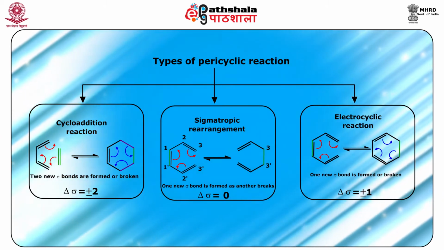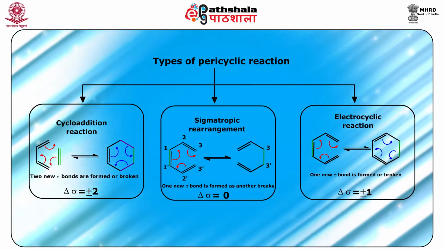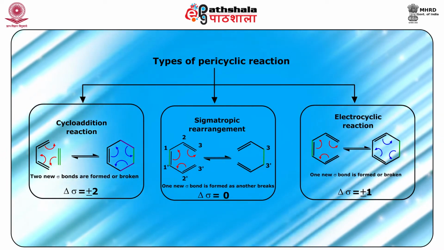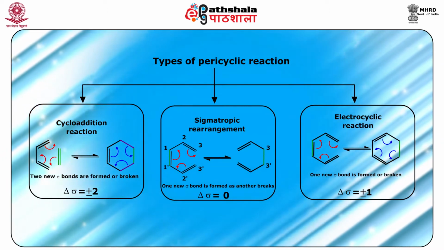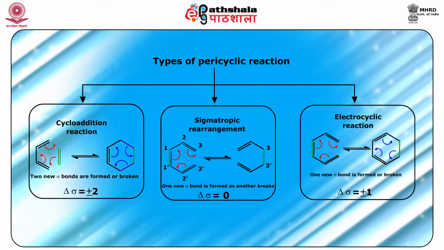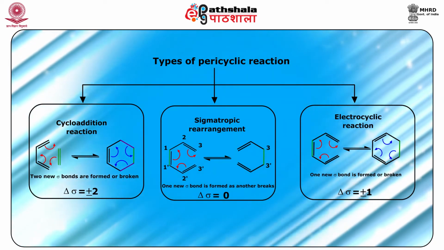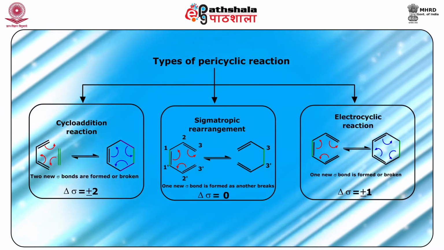Next let us look at the electrocyclic reaction. Here one new sigma bond is formed or broken, either way, so that delta sigma is equal to plus or minus 1. Another unifying theme for pericyclic reactions is the Woodward-Hoffmann rules that govern feasibility and stereospecificity of pericyclic reactions.